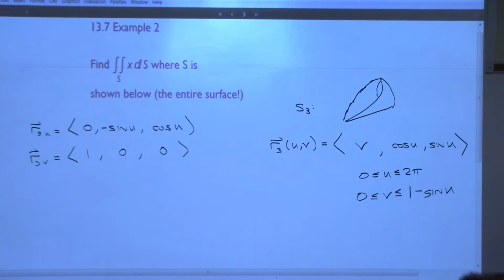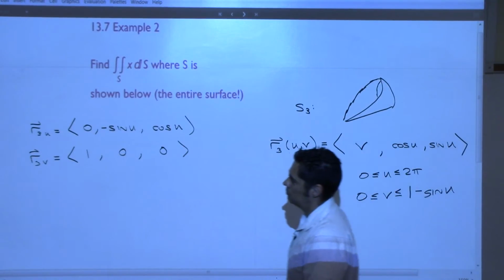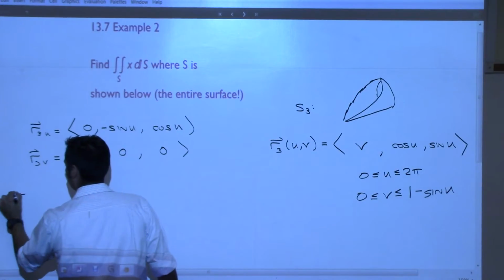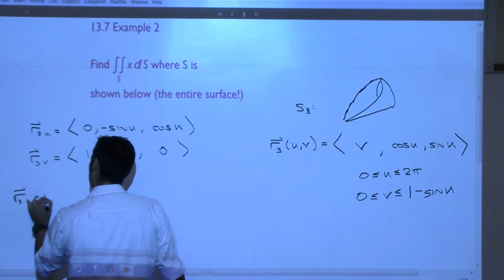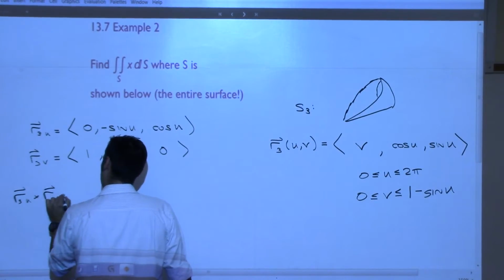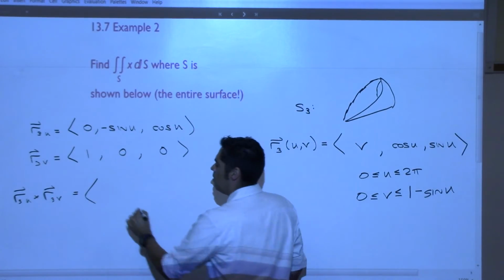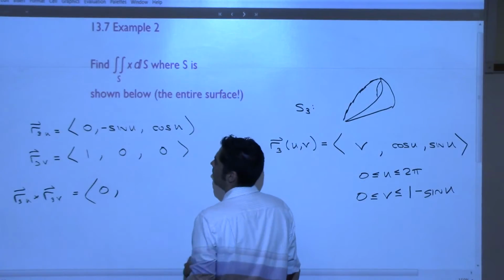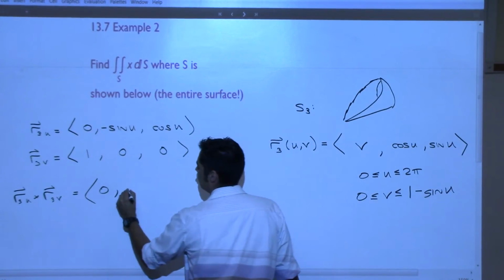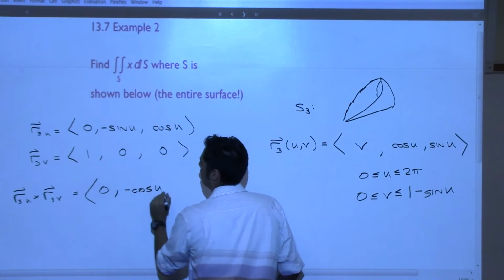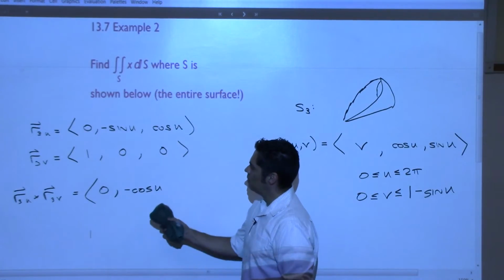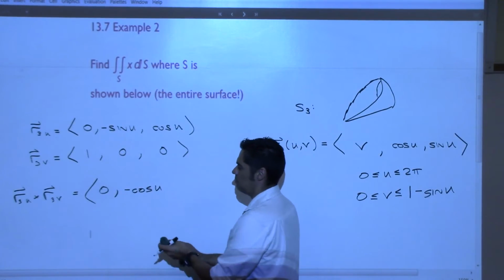And cross them. Zero. Negative cosine u. Hold on, I'm just writing down. It's positive?